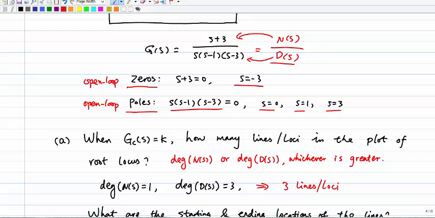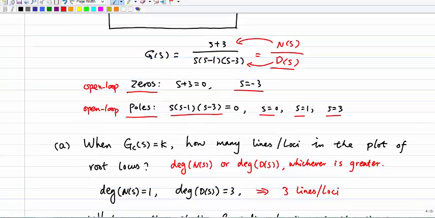The first question: when Gc(s) is k, how many lines are located in the plot of the root locus? One of the root locus rules says the number of lines, or loci, is determined by the degree of N(s) or the degree of D(s), whichever is greater. The degree is determined by the highest order of s.